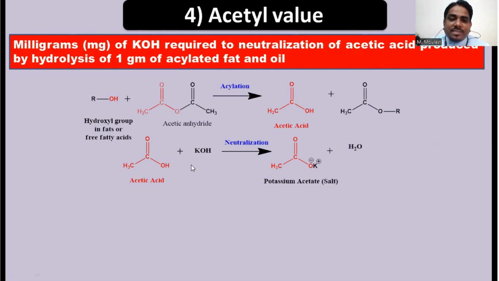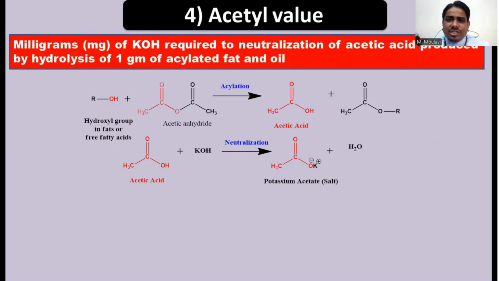That generated acetic acid is neutralized with the help of potassium hydroxide to form potassium acetate salt. So here the milligrams of potassium hydroxide required for the neutralization of acetic acid produced during the hydrolysis of acylated 1 gram of fat is known as the acetyl value.